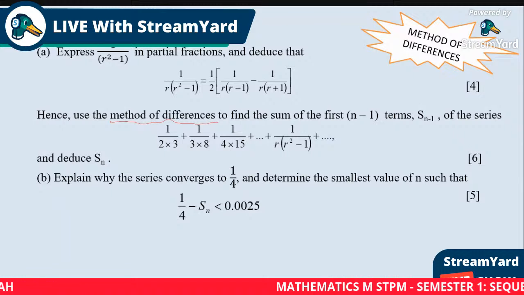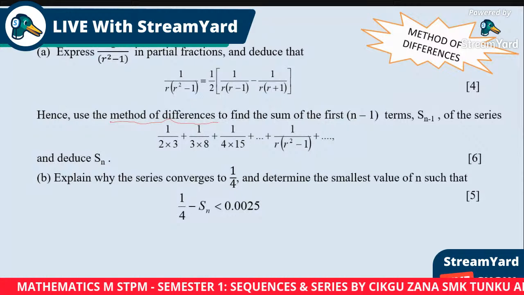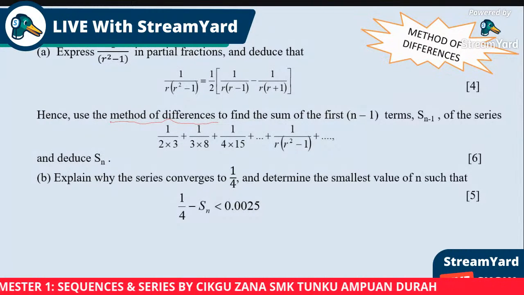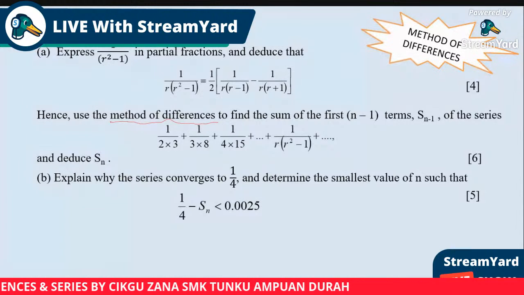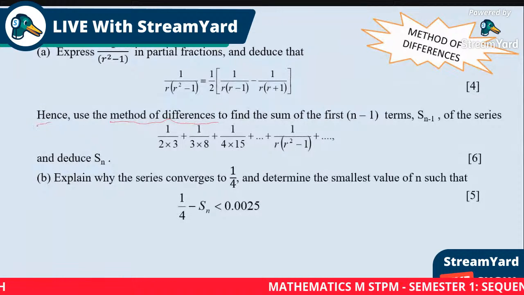So explain why the series converges to 1 over 4. And determine the smallest value of n such that 1 over 4 minus S of n is less than 0.0025. Most of you lost 5 marks, I think, because you used the elimination method. It doesn't say hence or otherwise. Here, the keyword is hence.